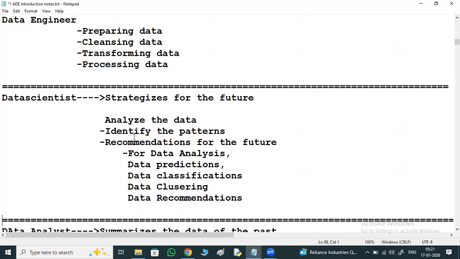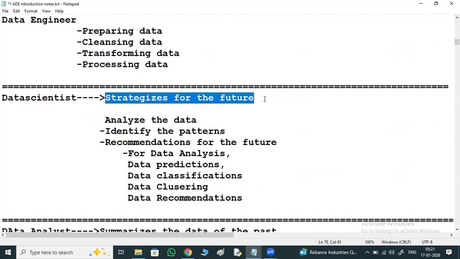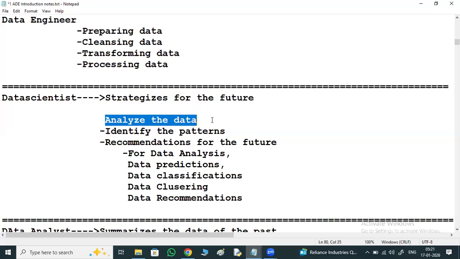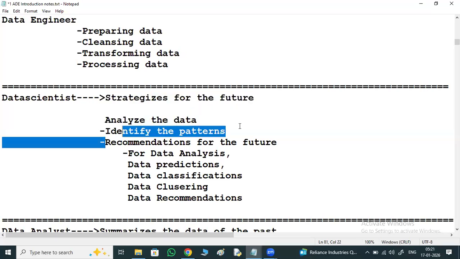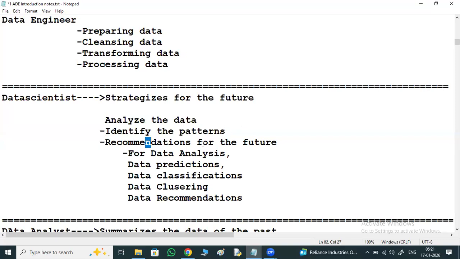See, as compared with the data engineer, the data scientist strategizes for the future, analyzes the data, identifies the patterns, and makes recommendations for the future, right?